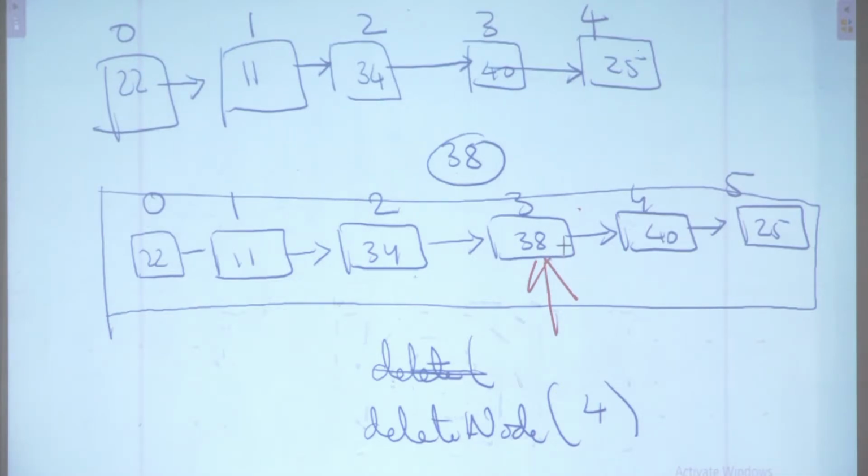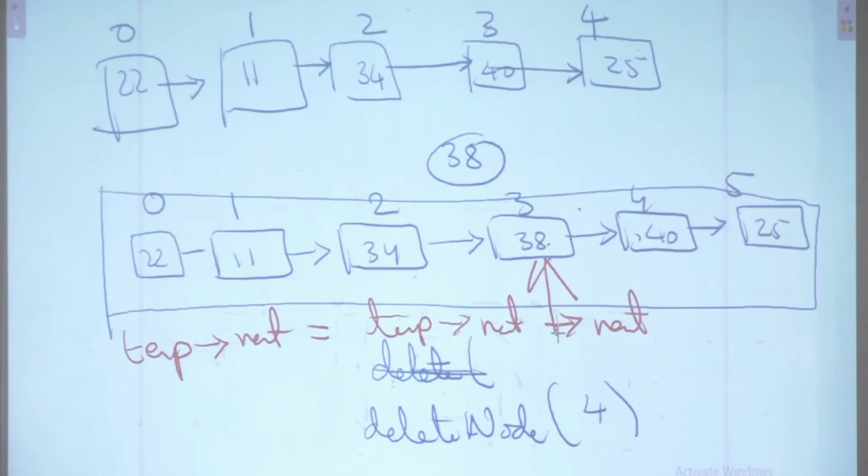Then what you have to do? This guy's next is right now here. His next should become this guy's next. This is temp. So temp's next should be set to temp's next. Would I be right in that?